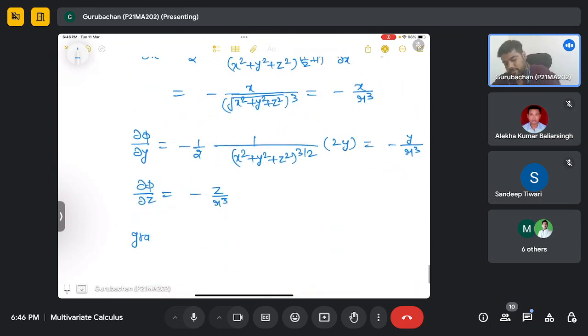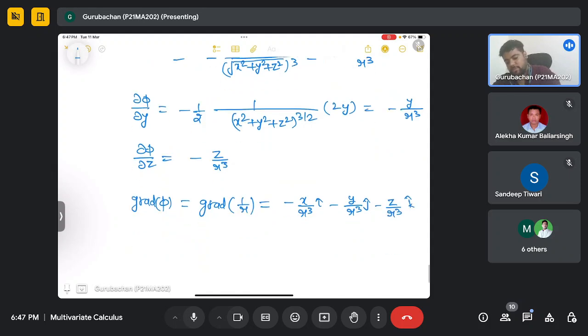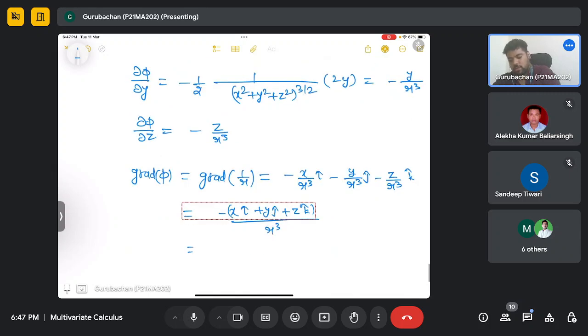So grad of 1 by r will be minus x by r cube i cap minus y by r cube j cap minus z by r cube k cap, which can be rewritten as minus (x i cap plus y j cap plus z k cap) divided by r cube. And we already know that this is nothing but the vector r divided by the cube of its magnitude.